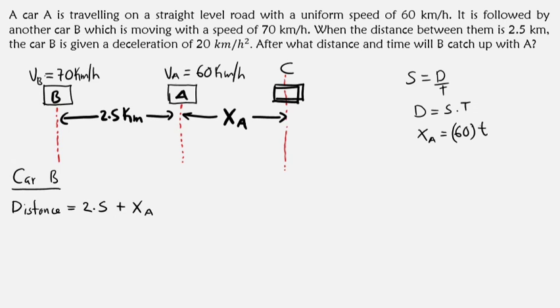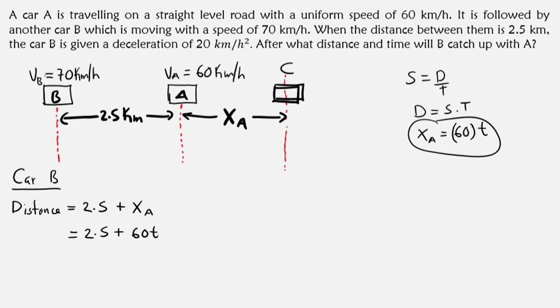But remember, XA has been expressed as 60t, so where there's XA, I can replace it with 60t. So this distance for car B will be 2.5 plus 60t.